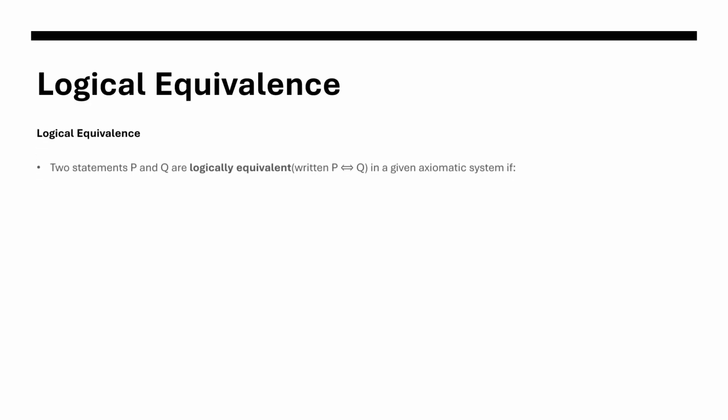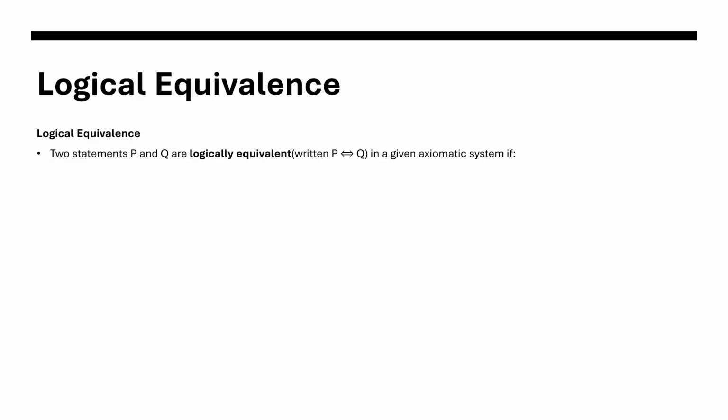Okay, so let's have the logical equivalence. When we are talking about logical equivalence, you have here two statements P and Q that are logically equivalent, written as P double-headed arrow Q, in a given axiomatic system if P implies Q, meaning if P is true, then Q also is true, and Q implies P. If Q is true, then P is true.